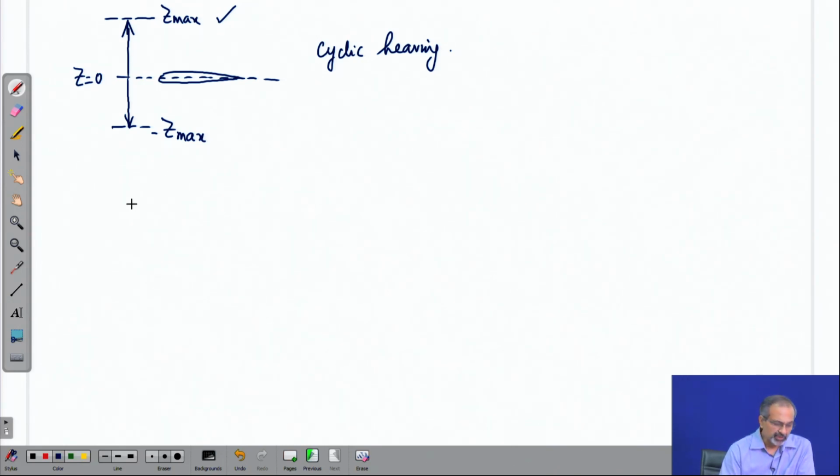Where do these motions occur really? They are often going to occur with a purpose.